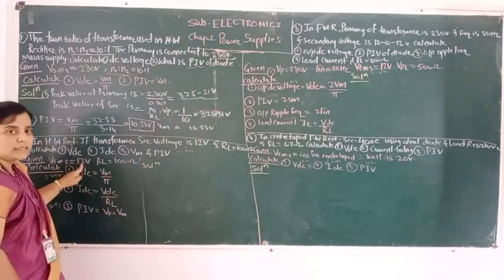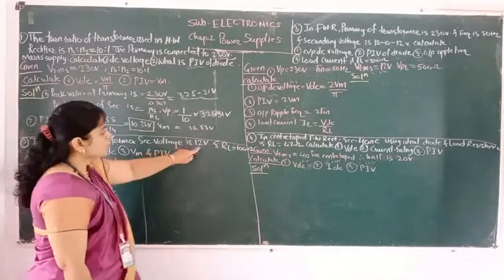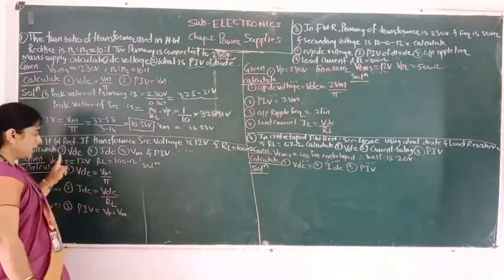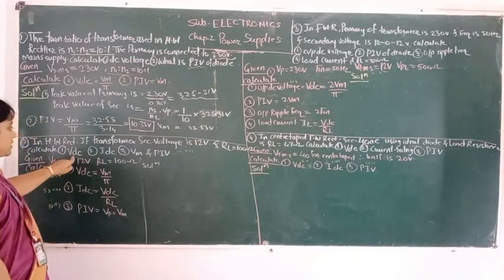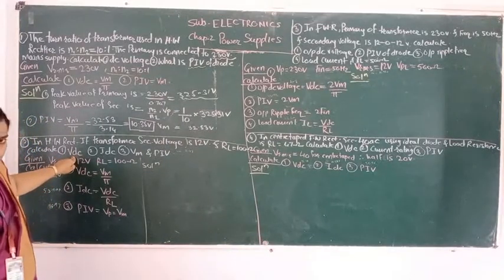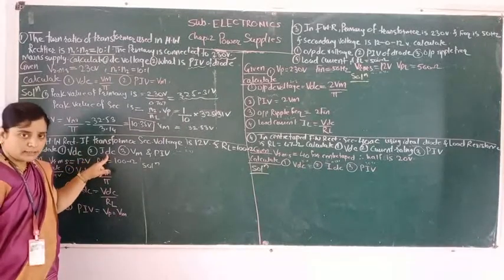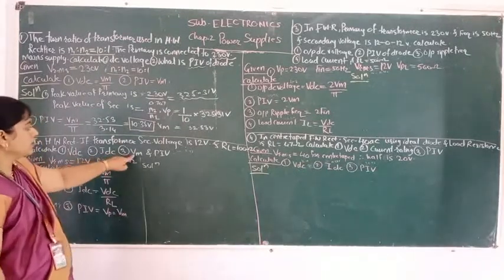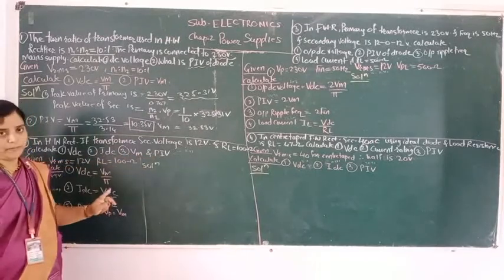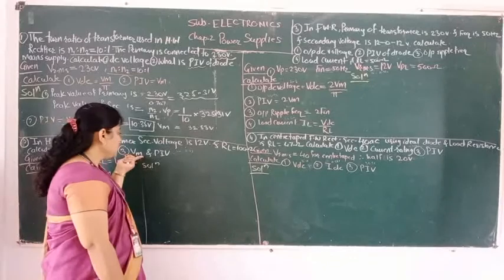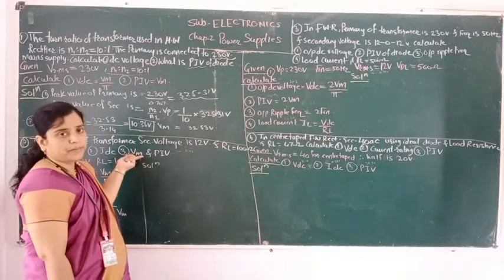VRMS for secondary voltage is 12 volt and load resistance RL is 100 ohm. Then we have to calculate first VDC, that is output DC voltage, IDC, that is the DC current, and VM and PIV.